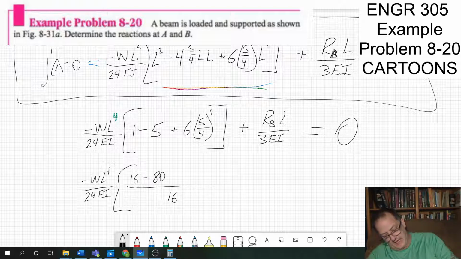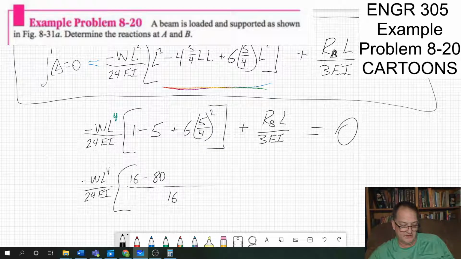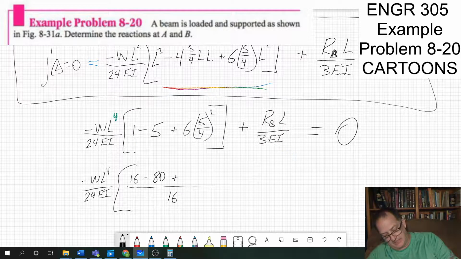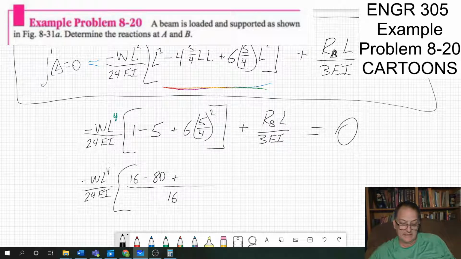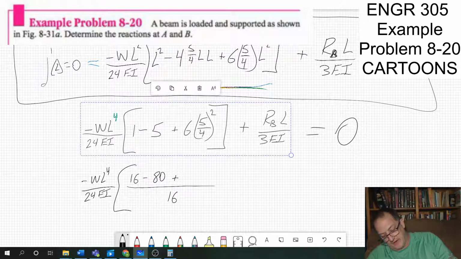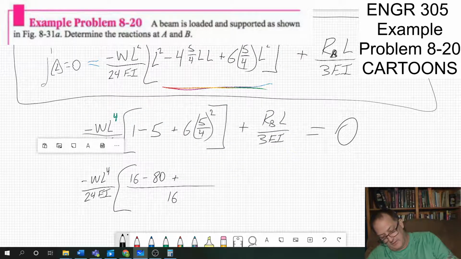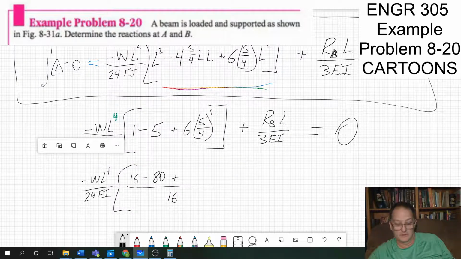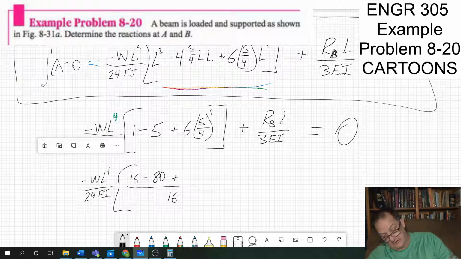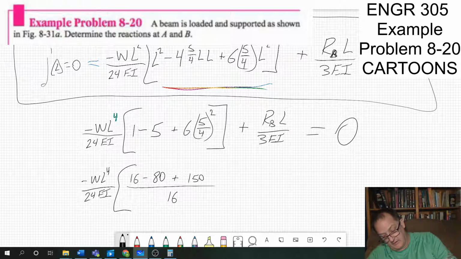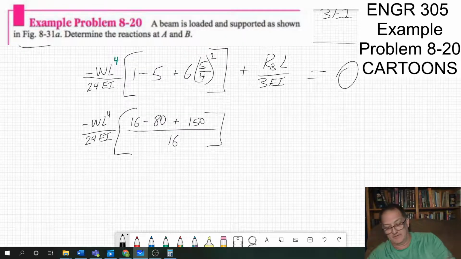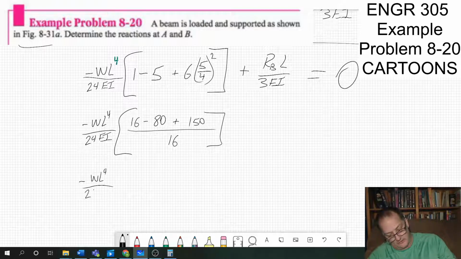This is going to be 80 sixteenths, 5 times 16, 80, plus 6 times 5 squared is 150. I don't have to rewrite that middle term. And that is going to be minus WL to the fourth over 24EI.